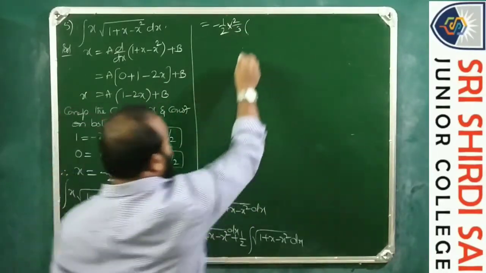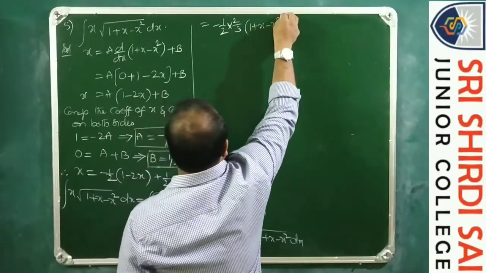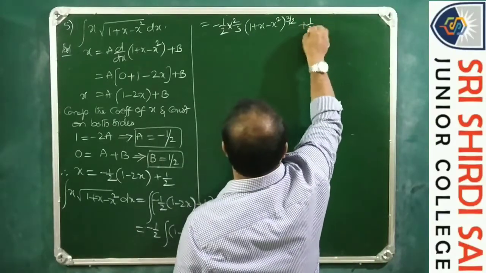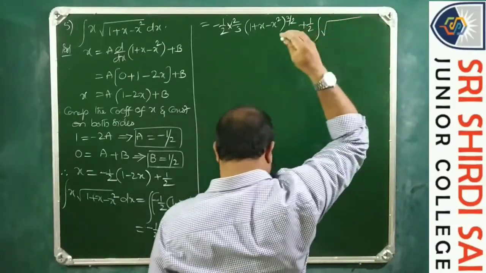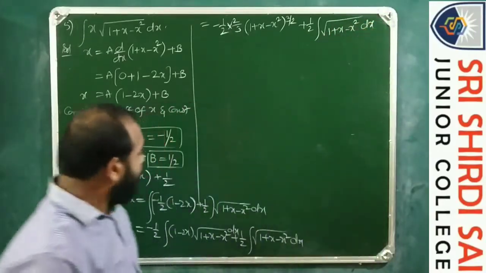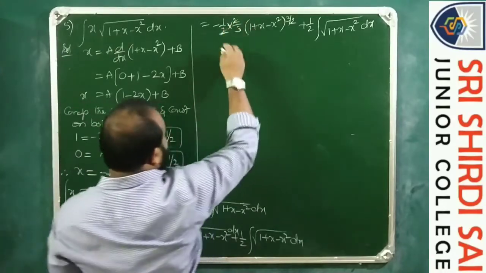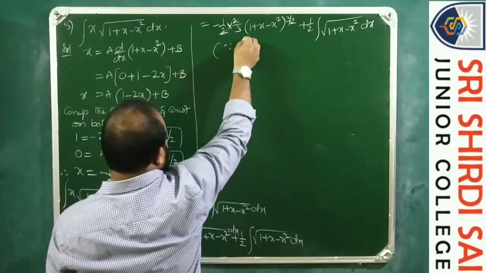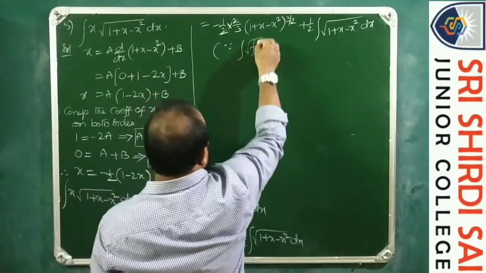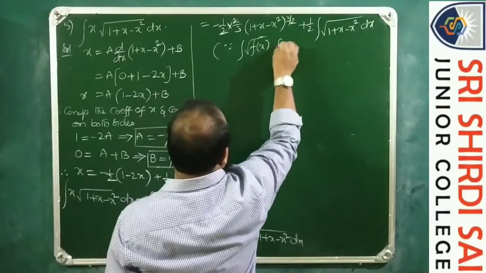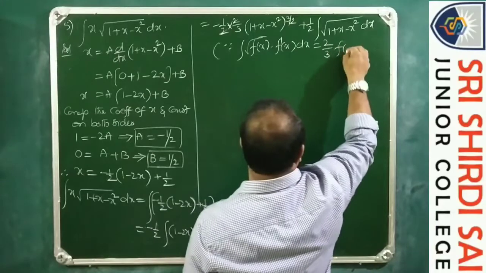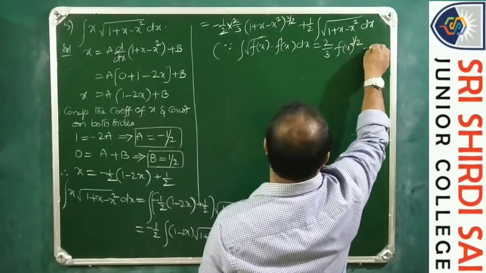Here f of x is the value under the root. So 1 plus x minus x square whole power 3 by 2, plus 1 by 2 square root of 1 plus x minus x square dx. 2 gets cancelled. So through the result, integral root f of x into f dash x dx is equal to 2 by 3 into f of x whole power 3 by 2 plus c.